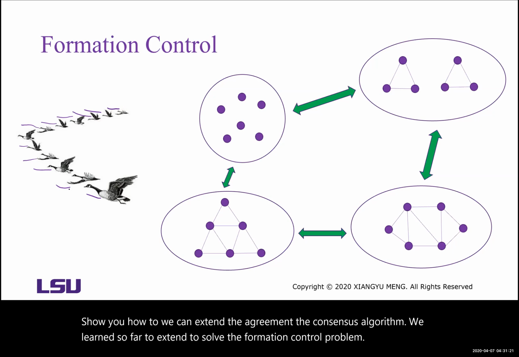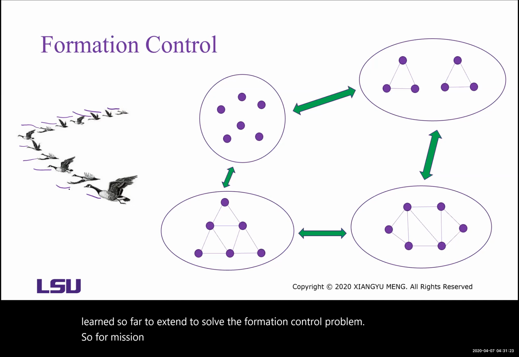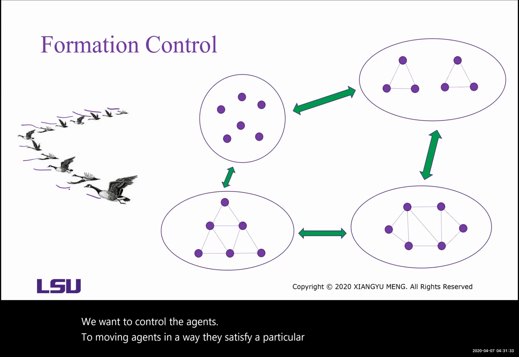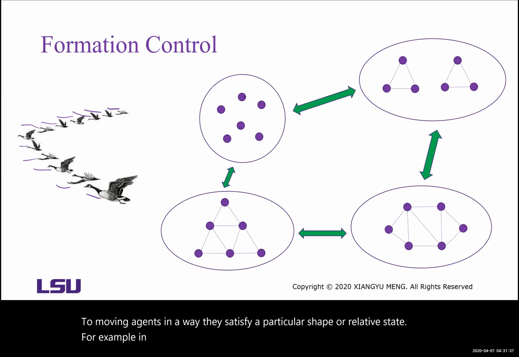So for the formation control problem, we want to control the moving agents in a way they satisfy a particular shape or relative state. For example, in this case, we have 6 agents.